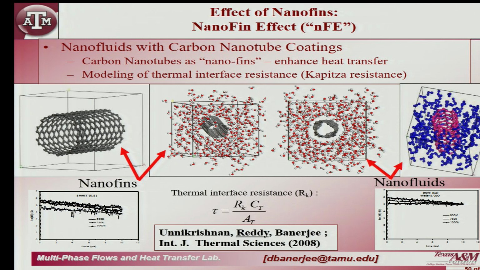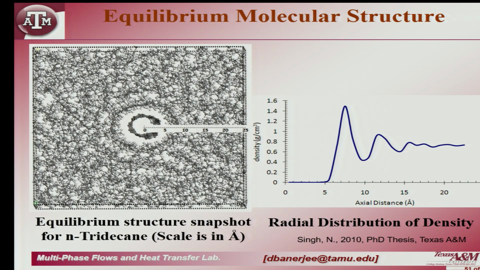What is the implication of this simulation? Okay. So, this is taken from Navdeep's thesis, and we subsequently published this as well. What happened was, here is your carbon nanotube that is vibrating because it is hot, and right around it the solvent molecules have started layering up, and you can see there is a gap here.